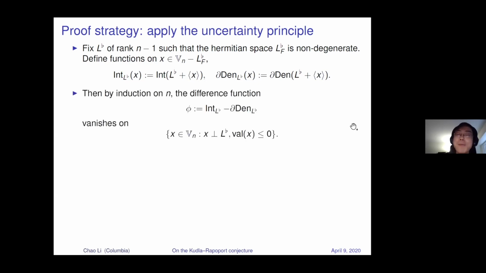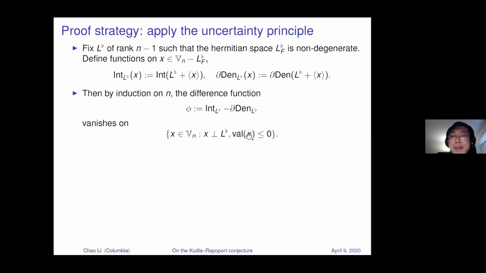Now, by induction on n, suppose I take the difference function of this intersection function and this analytic function, the partial density function. By induction on n, I know that if x has valuation exactly equal to 0, then they are equal to each other. Namely, the difference function will vanish on the set of vectors with unit norm.